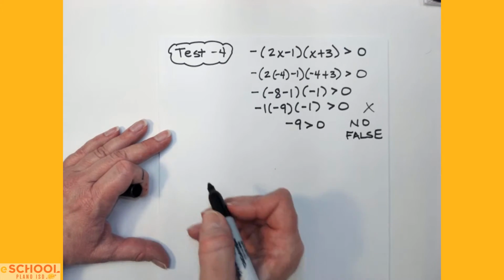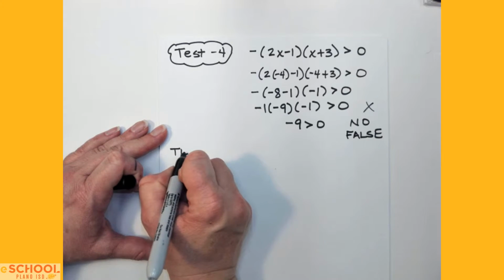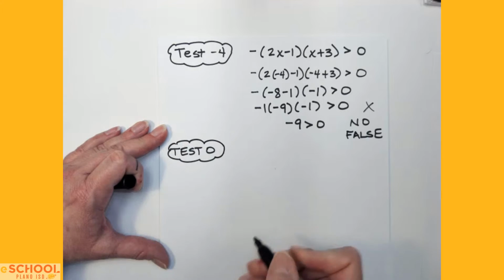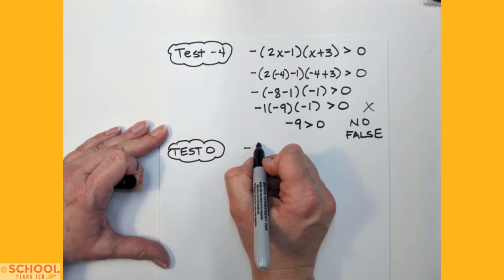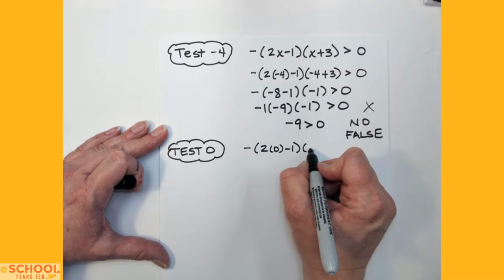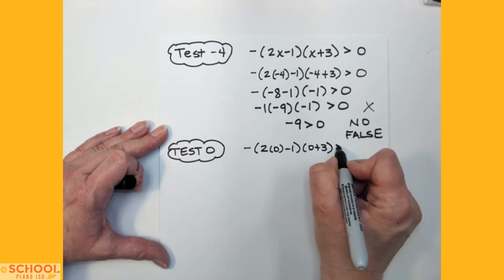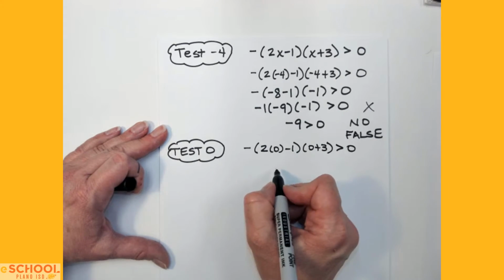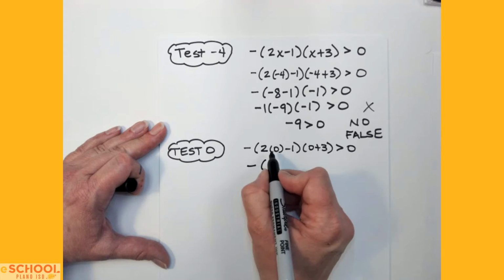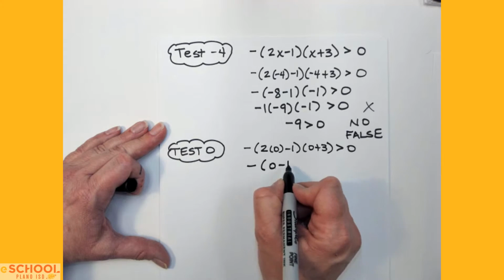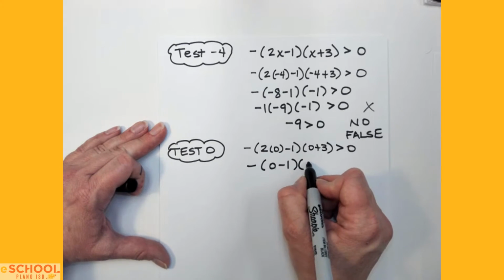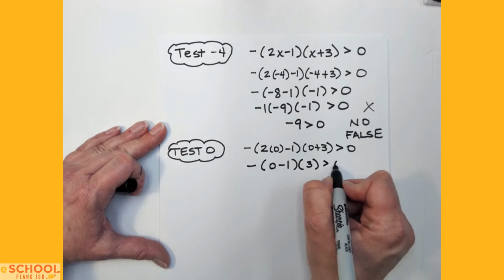Now let's test 0. So again, I'm plugging in 0 everywhere I have an x in my inequality. 0 plus 3 greater than 0. Okay, again, do the simplifying the exact same way. Here I have negative, and then I've got 0 minus 1, since 2 times 0 is 0. 0 plus 3, I can already add that and get 3.